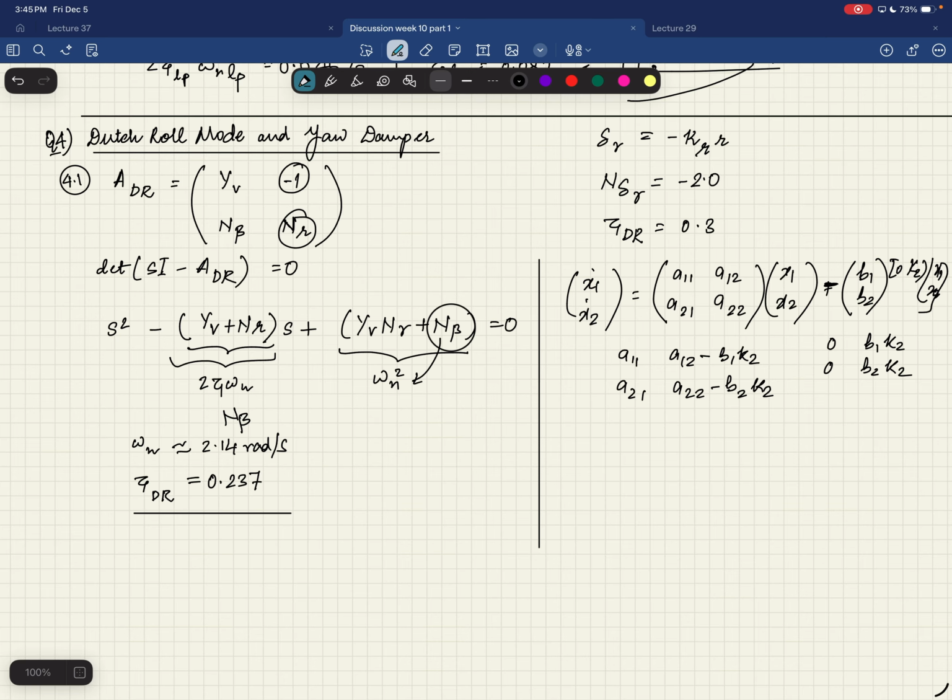Okay. Because even in long period and in both longitudinal and lateral dynamics, you might come up with reduced order models where they might be uncoupled, but if you look at the entire system, you know that longitudinal and lateral are coupled amongst them. I mean, the longitudinal and lateral are separate, but the 4 states in longitudinal and the 5 states in lateral, they are coupled with each other, except one. Which one?